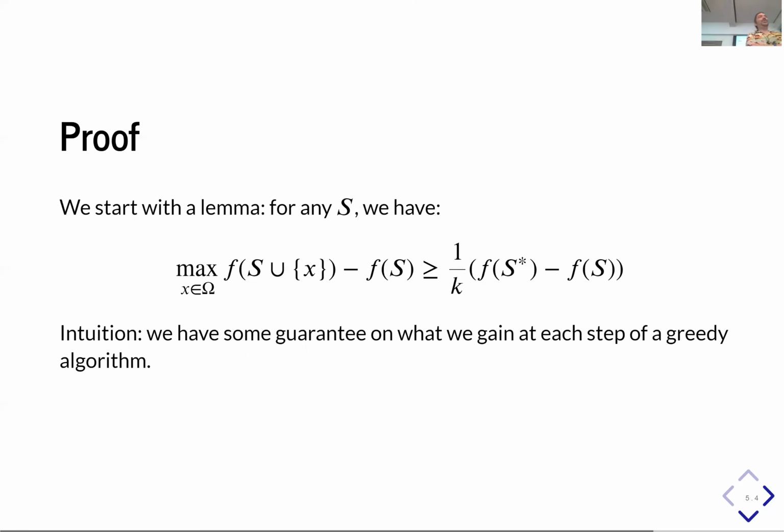And to prove the theorem, the main ingredient is this lemma.